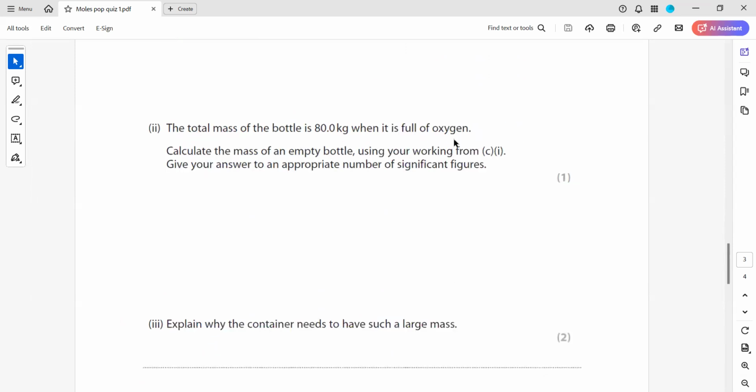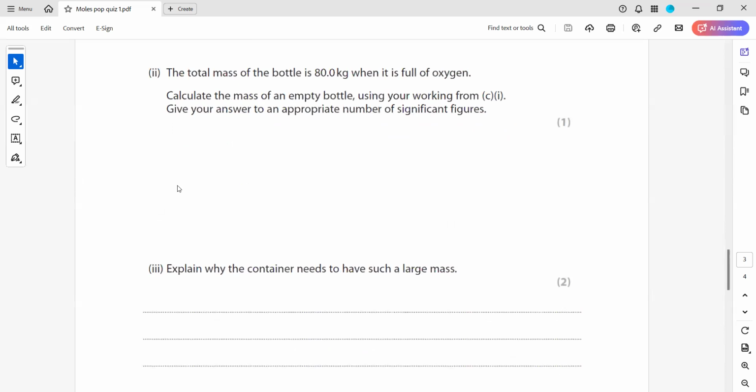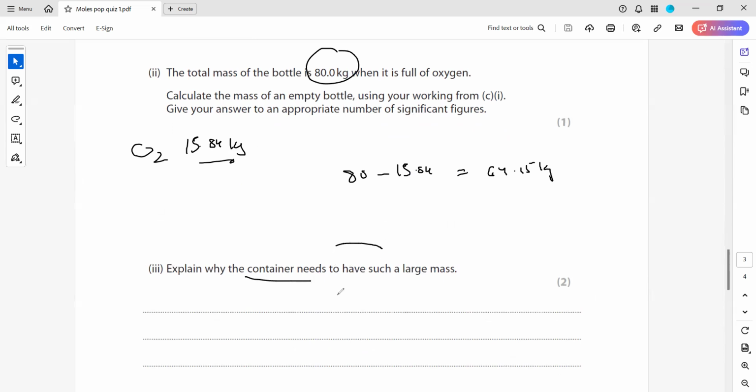So we convert into kilogram. It will be 15.84 kg. That is the mass of oxygen. Mass of the bottle and oxygen is 80. So simply what we have to do, 80 minus 15.84, that will give us the mass of the bottle, which is 64.15 kg.